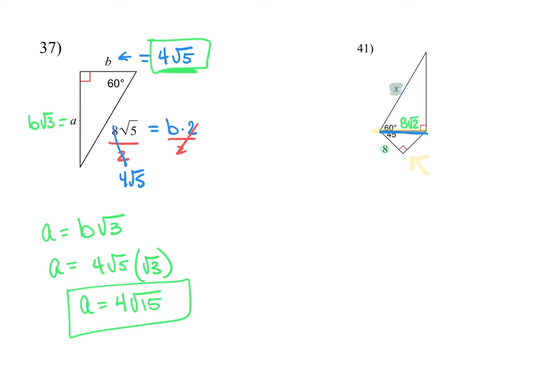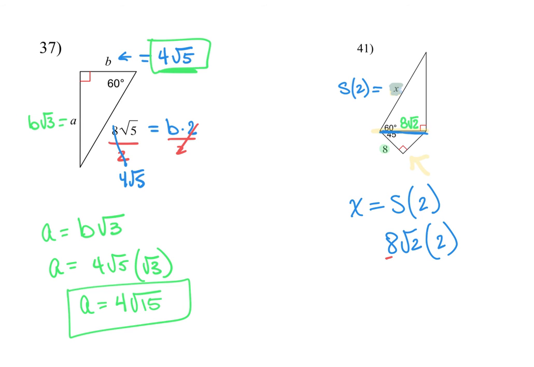The hypotenuse of a 30, 60, 90 equals the short side times 2. I double it. In this case, I'm looking for x. It equals the short side of the triangle times 2. I just solved for it, so 8 square root of 2 times 2. Remember, with radicals, you can multiply the outsides and you can multiply the insides.